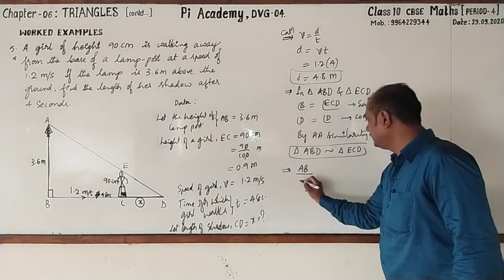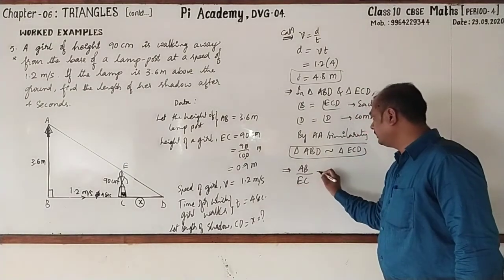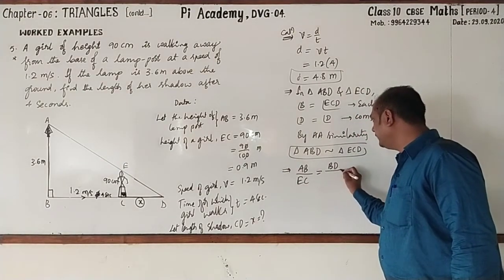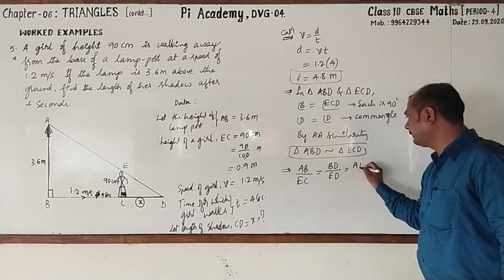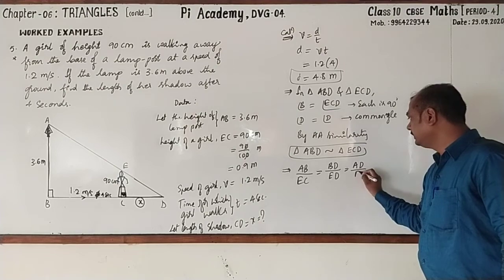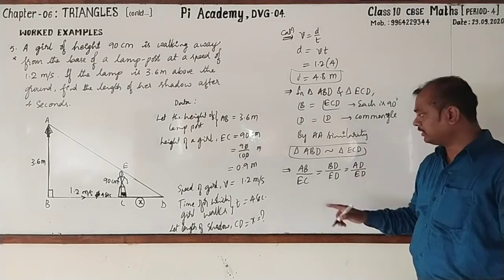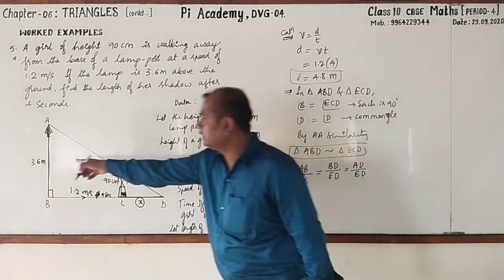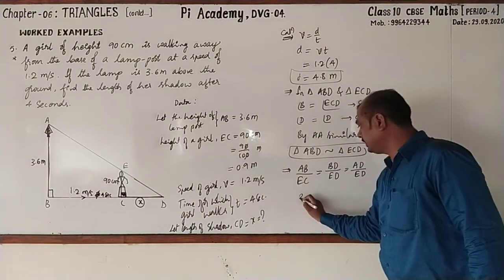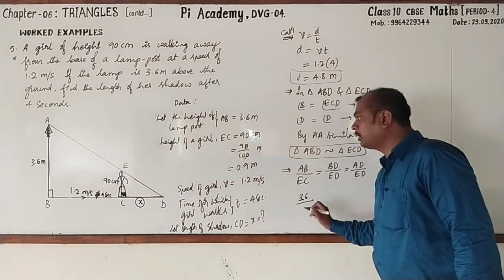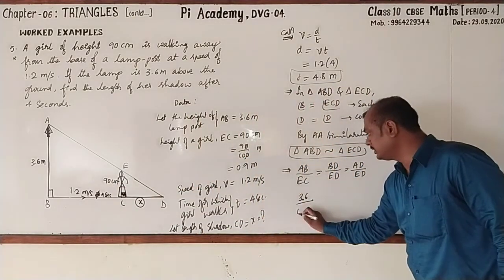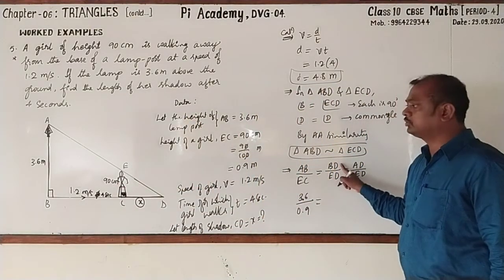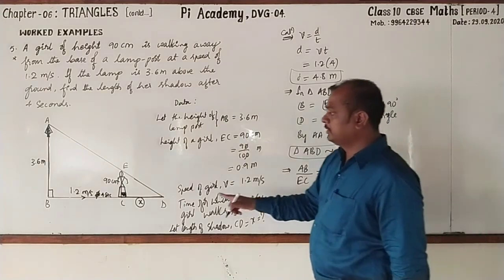AB by EC is equal to BD by CD. Clear? Then what is AB? AB is 3.6. What about EC? EC is 90 centimeter, which is nothing but 0.9, is equal to BD.